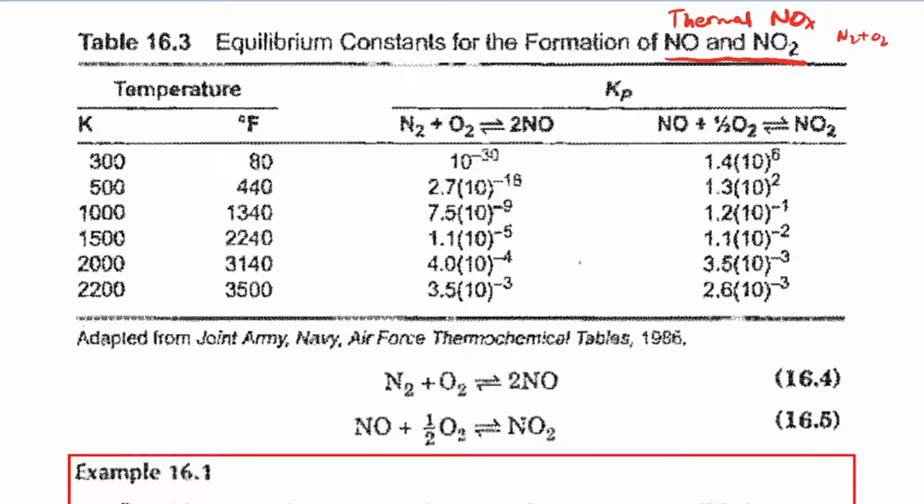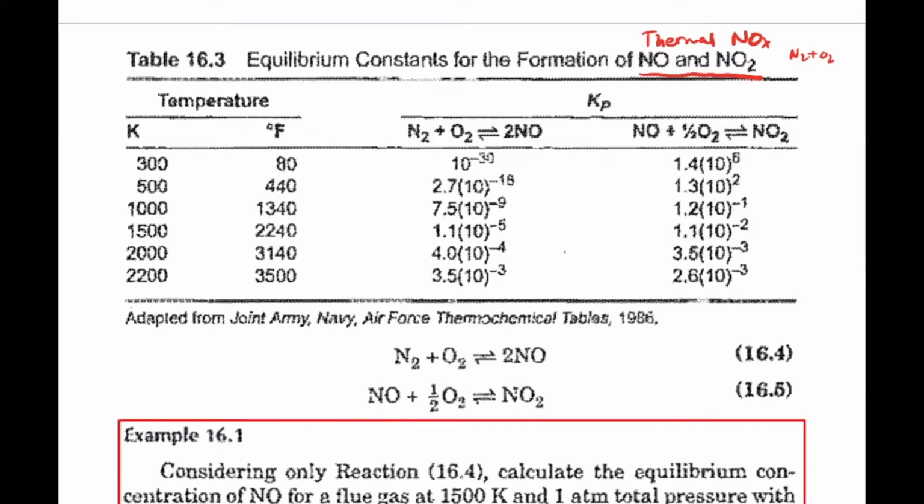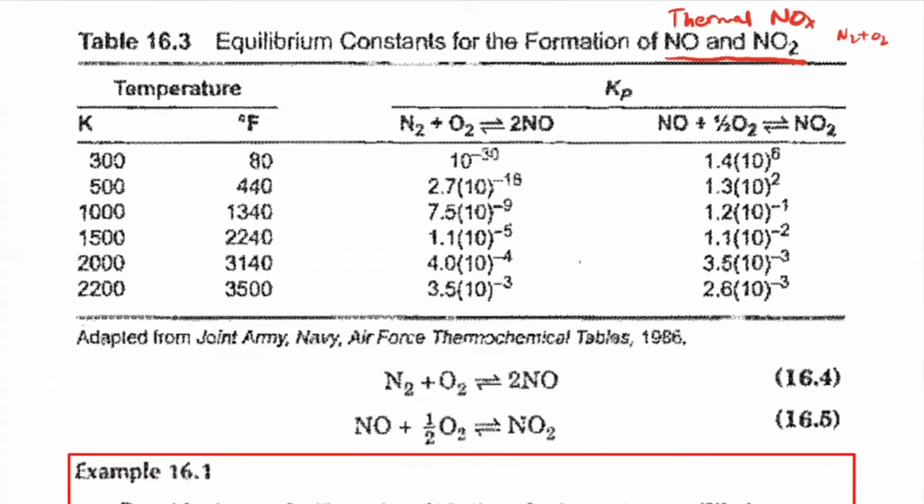For those who haven't taken the 2601, the fundamentals of environmental engineering, the equilibrium constant just means the concentration of the species under equilibrium condition. Equilibrium just means, let's say, if we are talking about several species reacting with each other, we keep these species and maintain them for an infinitely long time.